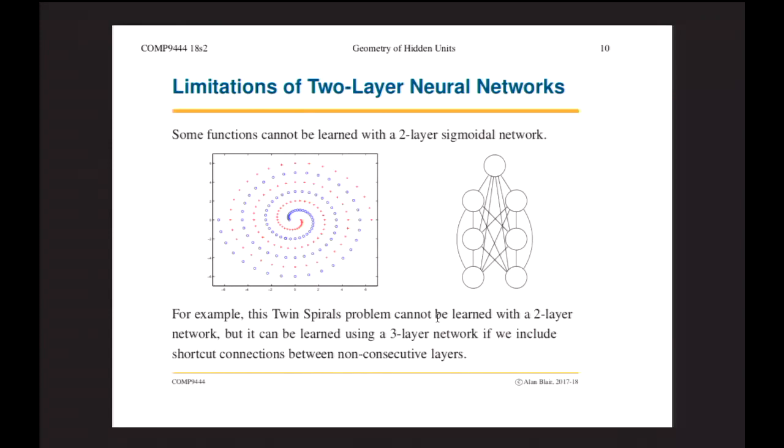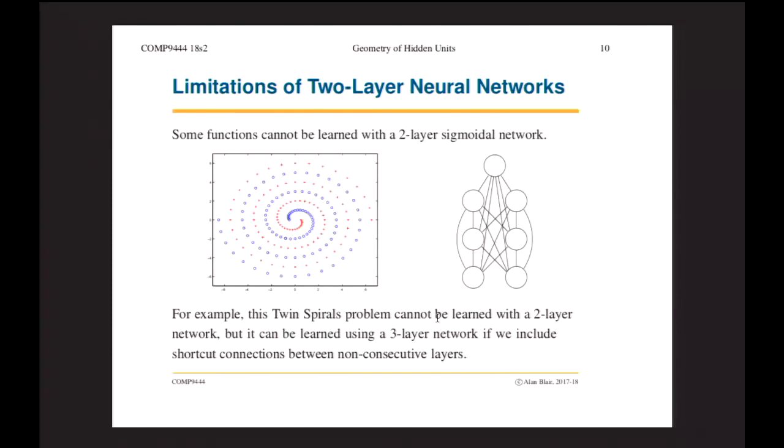To be more specific, people most commonly used 2 layers. It was even a bit unusual to use 3. Now, what are the limitations of a 2-layer neural network?